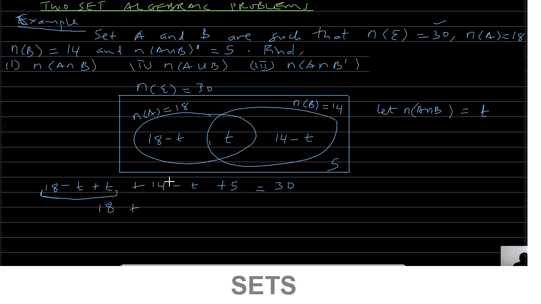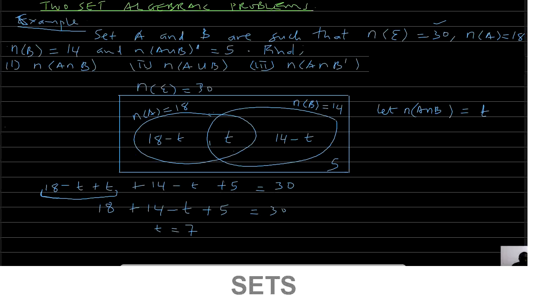Then I keep adding 14 minus t plus 5. When we solve for the value of t, we should get 7. Press on your calculator and see what you get.